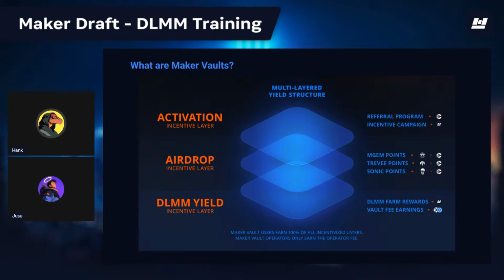So for certain vaults that perform well, you as a liquidity provider will, on top of everything, earn more rewards in Metro, in Sonic, on top of the other 2 layers below. So this is a bit looking forward, what's going to come for MakerVault. I think this is a really nice combination for anyone here in Sonic.